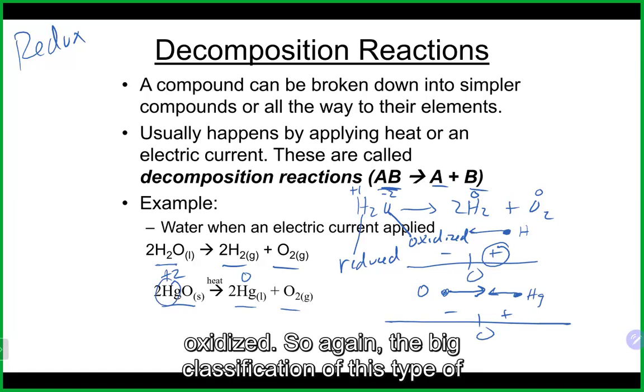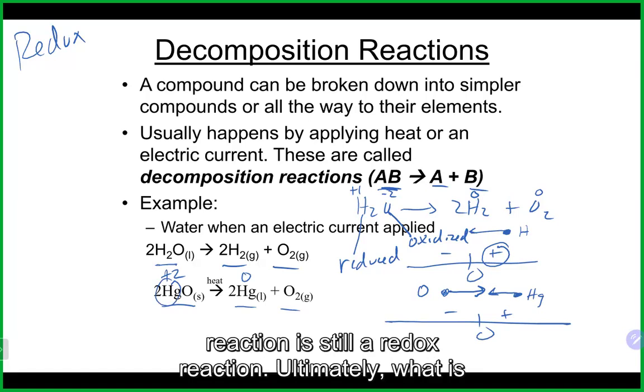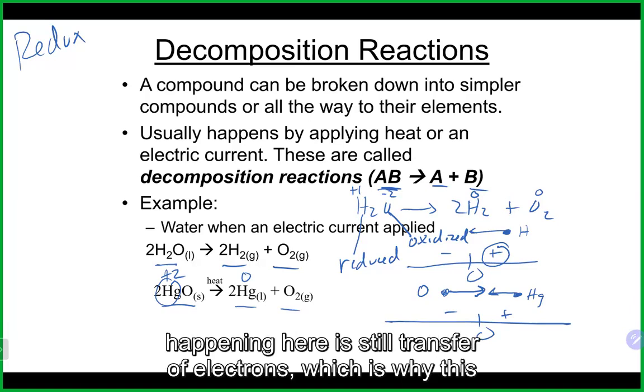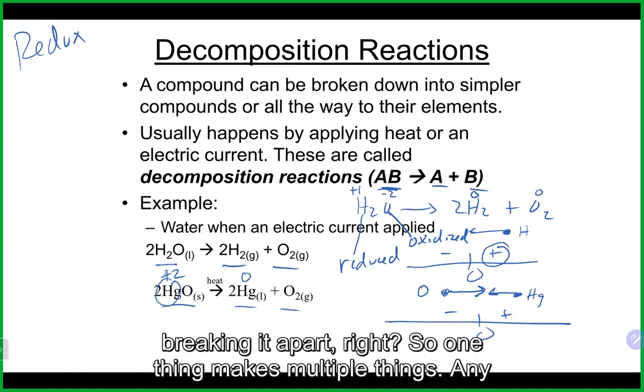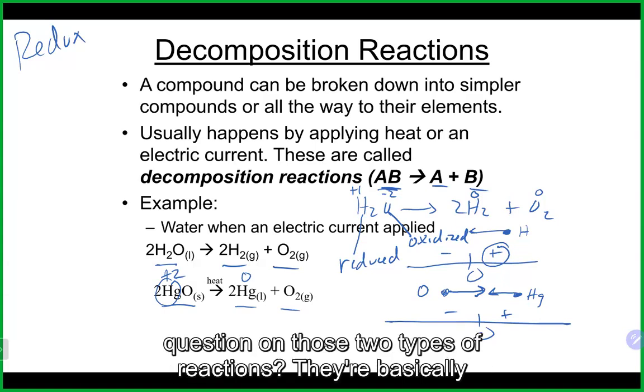So the big classification of this type of reaction is still a redox reaction. Ultimately, what is happening is still transfer of electrons, which is why this reaction takes place, but in this case we're breaking it apart, so one thing makes multiple things. Any questions on those two types of reactions? They're basically opposites of each other.